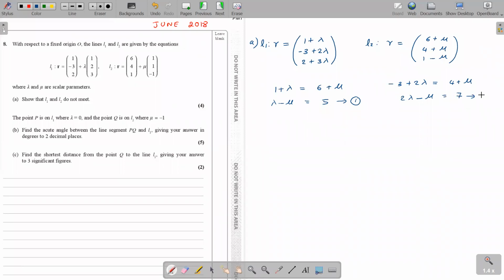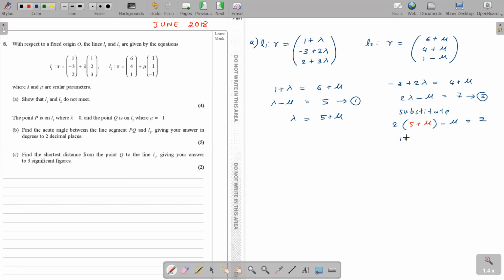So either you could do it simultaneously or you could just make one variable the subject and substitute into the other. I think I prefer going with the subject method. I'll say lambda is 5 plus mu and I'll substitute into the other equation. So here 2 times lambda, which is 5 plus mu, minus mu equals 7.